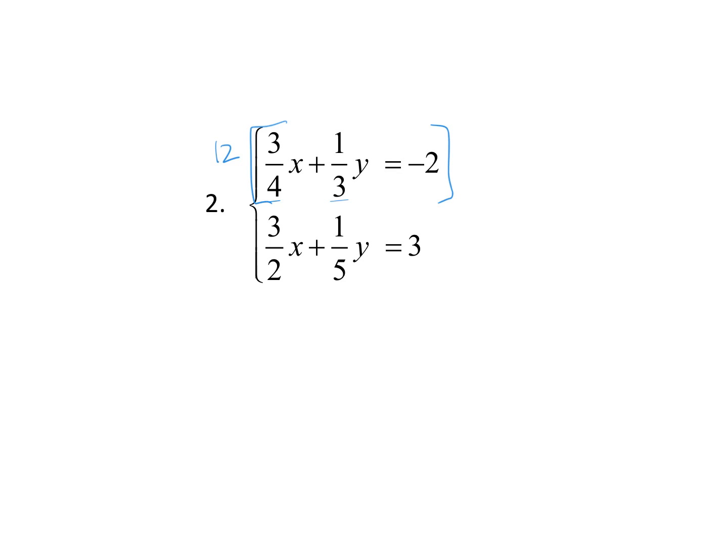If I do that, I have 36 fourths, which is what? You gotta know your multiplication tables, peeps. 9x. And then 12 thirds is 4y equals negative 24.